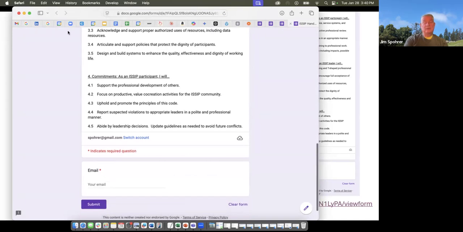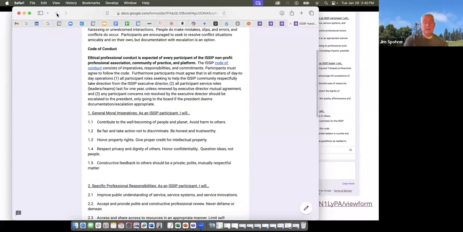See, submit works there. So I've got to go back and change it on the other one. But yeah, this is really important. It's the first step for anybody participating in the ISSIP community, really, to read and understand the code of conduct. And basically it says we're going to be very nice to each other.